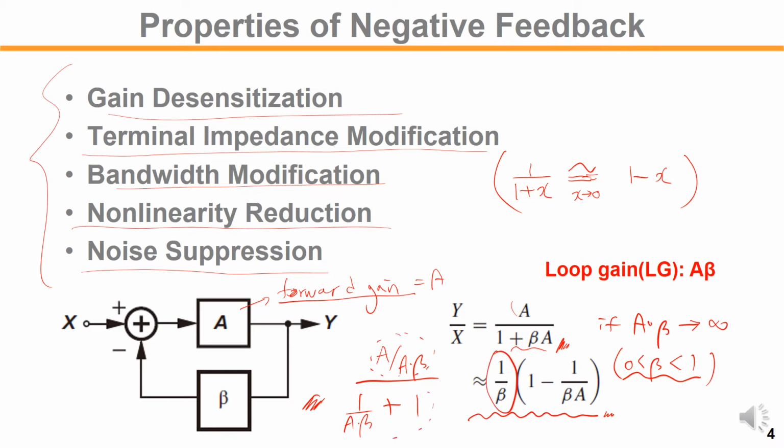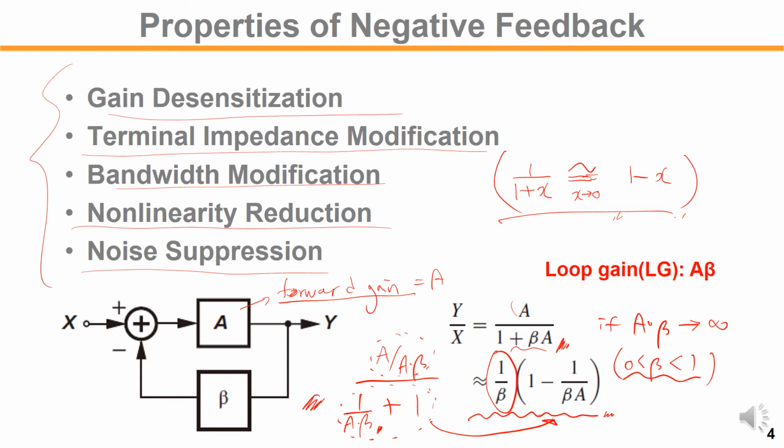And in the denominator, we have 1 plus 1 over A beta. Since A beta is very large, we can approximate this term like that.